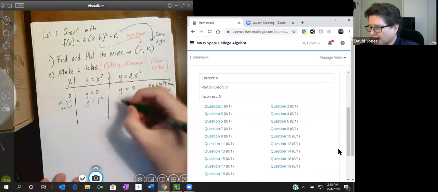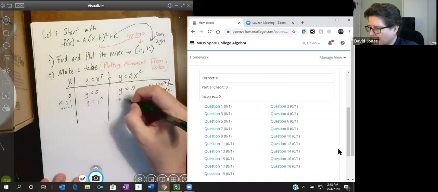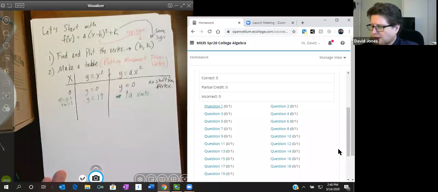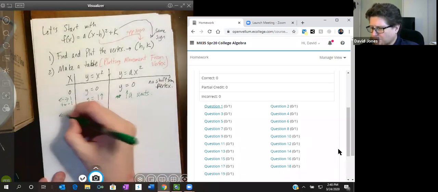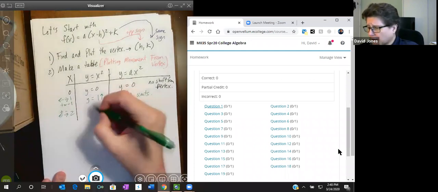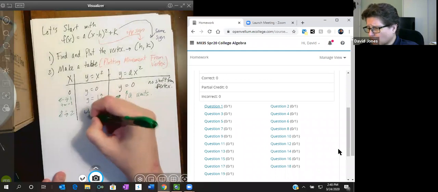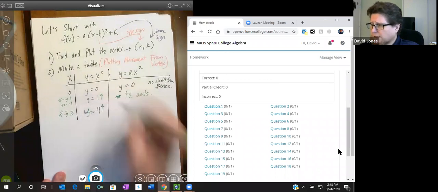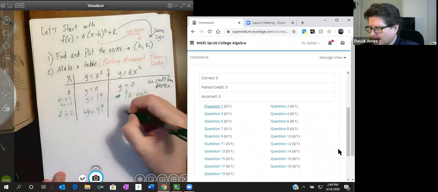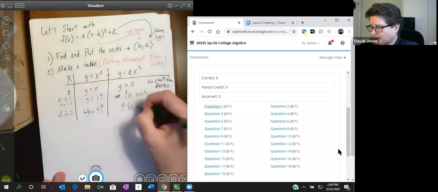And if I multiply that by a, I get up a units. If I go left or right 2, this is plus or minus 2. Positive 2 or negative 2 squared is positive 4. This leads to y equals going up 4. And when we multiply that by a, we get up 4a units.